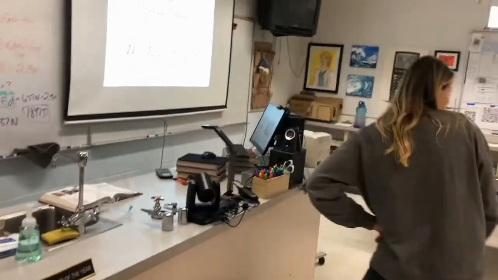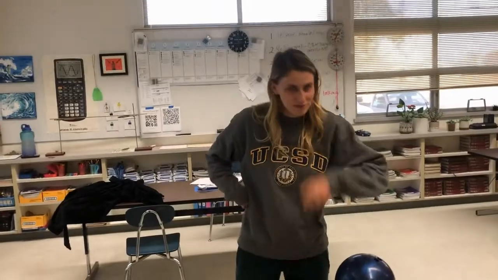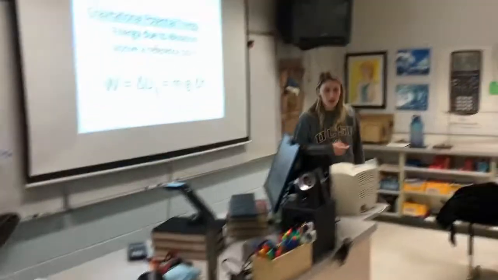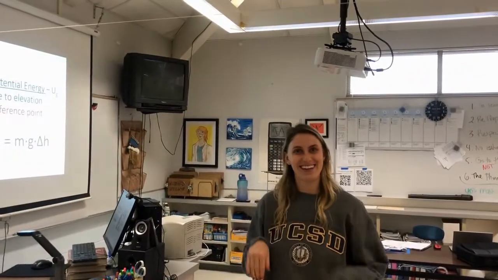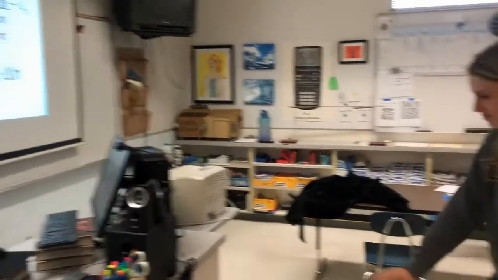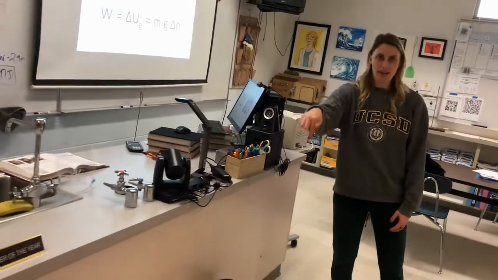The beautiful thing about reference point and potential energy is you get to say where zero is. Zero could be on the floor. You could make zero up on the table. And if I was to walk out into the quad and go down those steps, and you made zero at the floor, it would be negative.